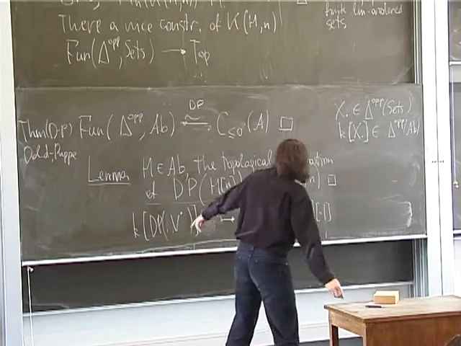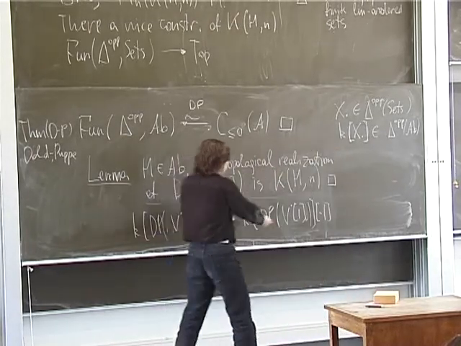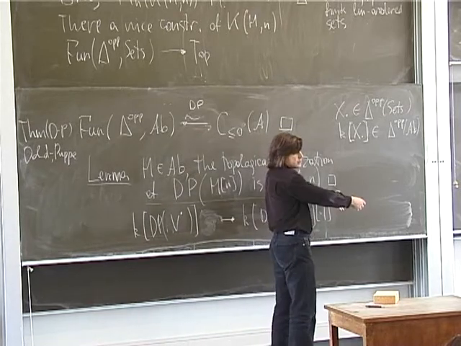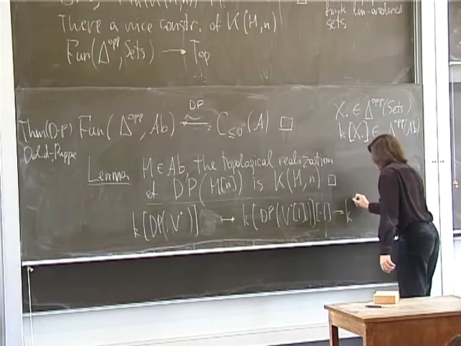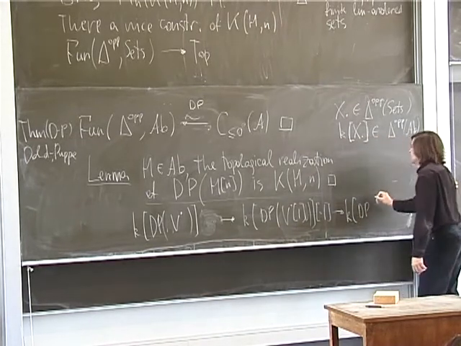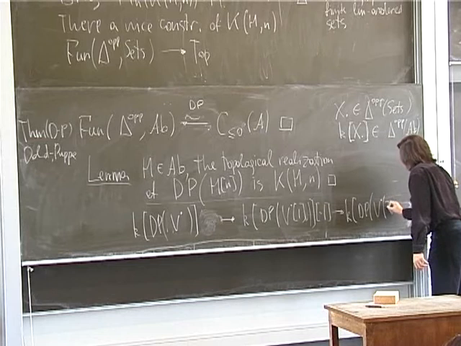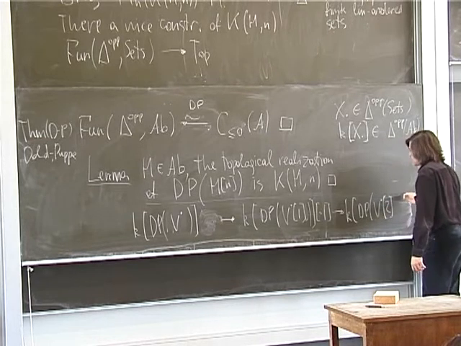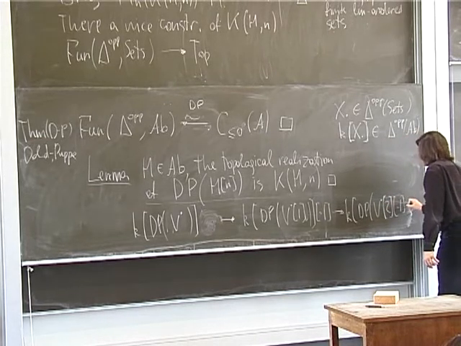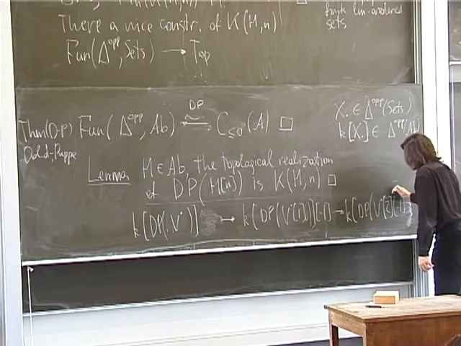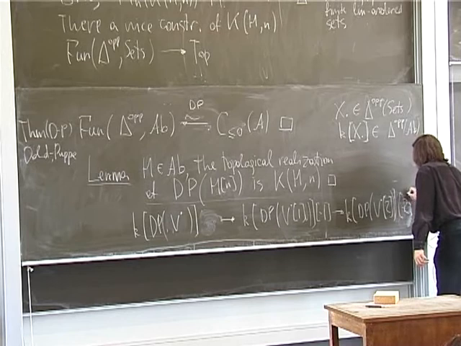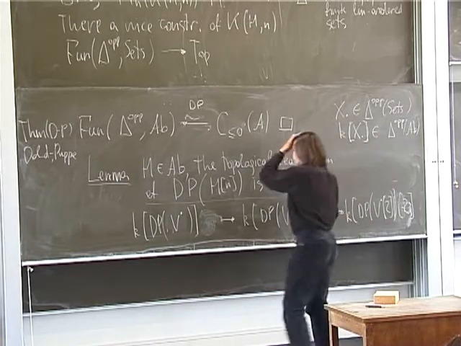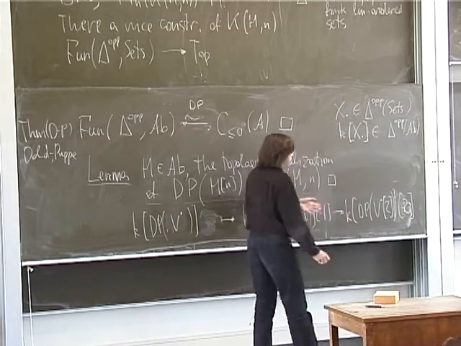So there is this transgression map. And in this form, it's very obvious that you can iterate the construction. So you apply it to this one and so on, to this guy and so on. So let me do it correctly. Okay. And eventually you can pass to the limit.